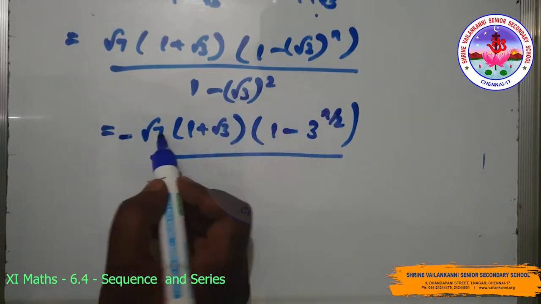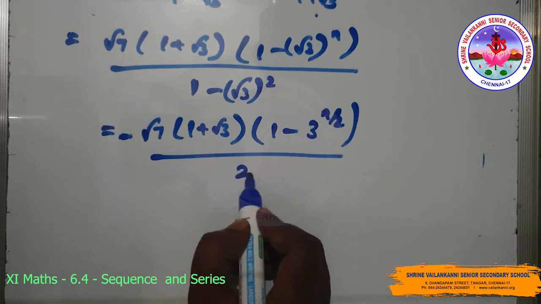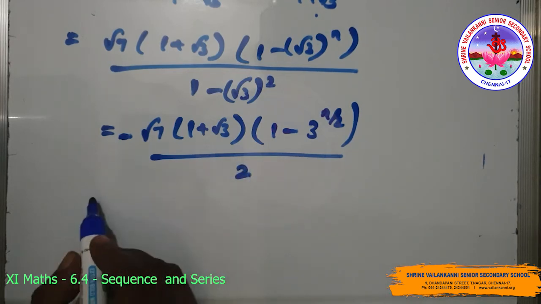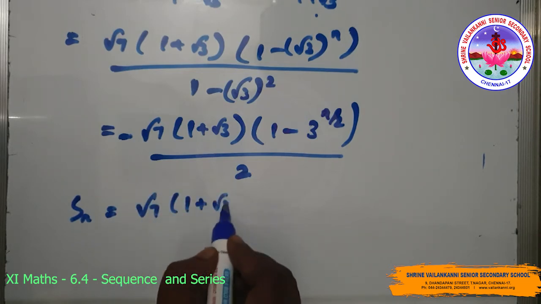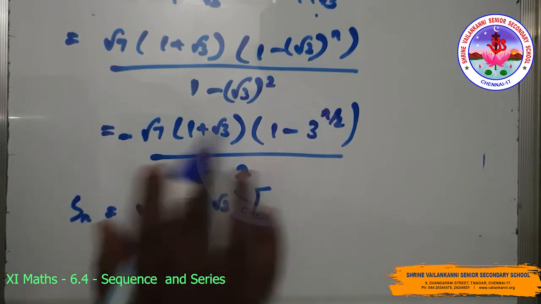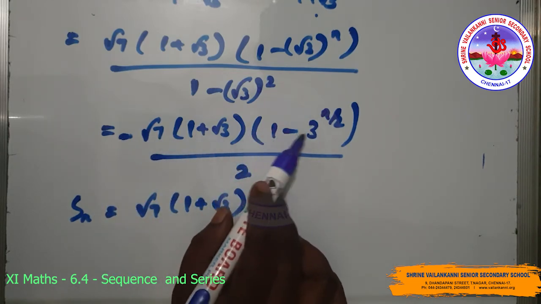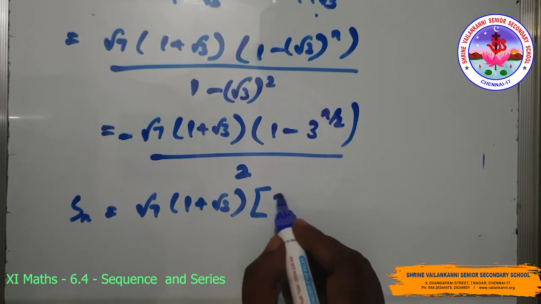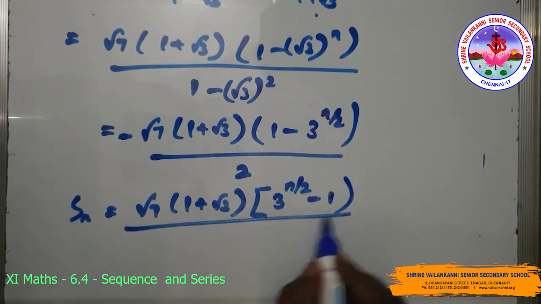So minus of root 7 into (1 plus root 3) into (1 minus 3 power n by 2) whole by 2. So Sn equals root 7, (1 plus root 3). Here changing the sign, so minus of (1 minus 3 power n by 2). We can write this as (3 power n by 2 minus 1) whole by 2.